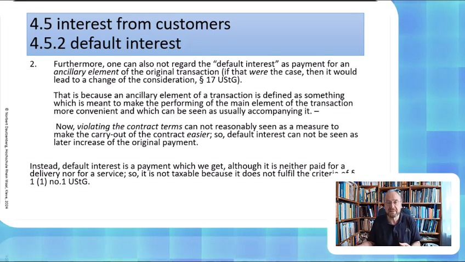So we get default interest for neither a delivery nor a service, so nothing taxable. This is one of the rare cases where an enterprise can get money without being taxable at all.